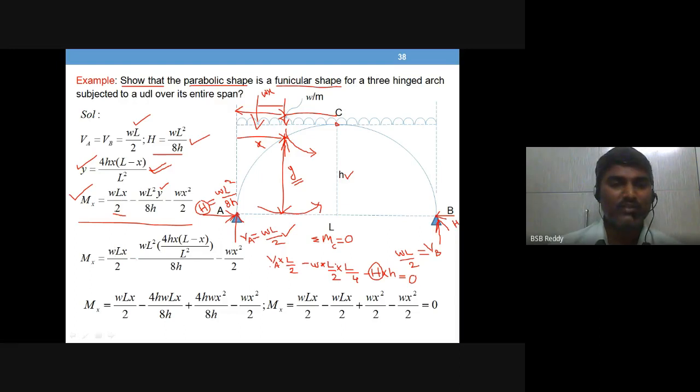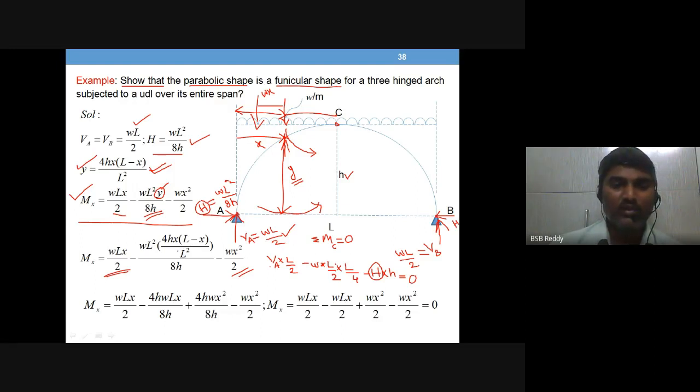The first term is as it is, WL by 2 into x, and the third term is as it is, Wx square by 2. The second term, that means the moment from the horizontal reaction, has the geometric quantity y, that means the ordinate, that should be substituted in terms of x. So that is by the parabolic geometric relation, the equation that the parabolic geometry should satisfy.